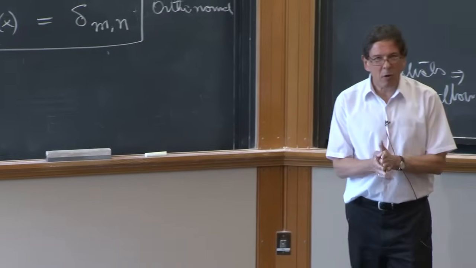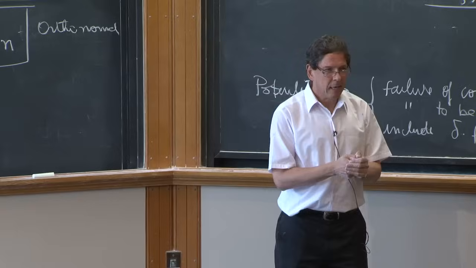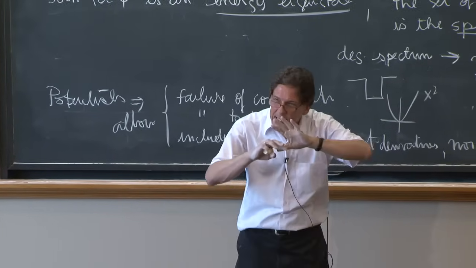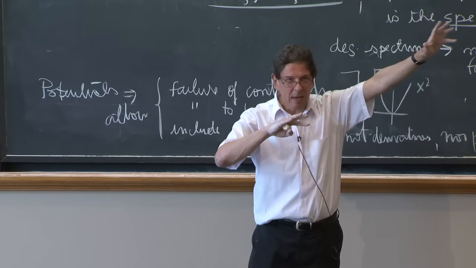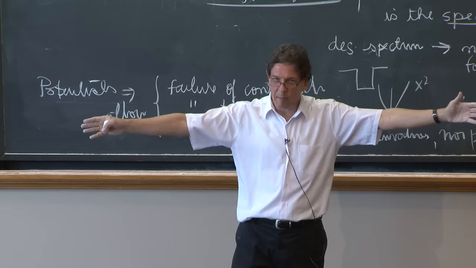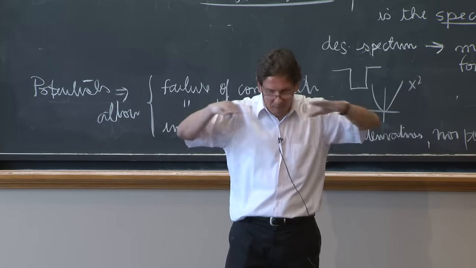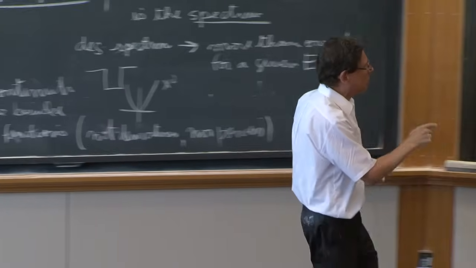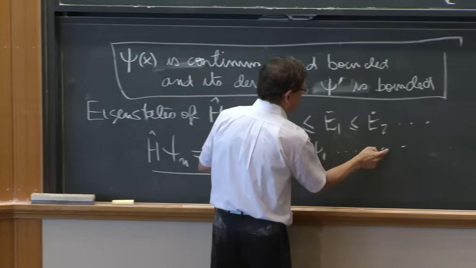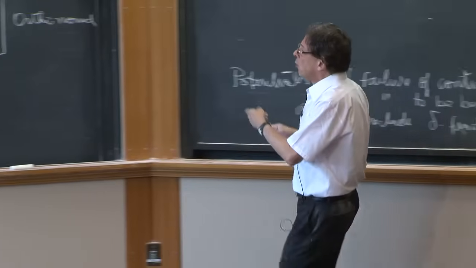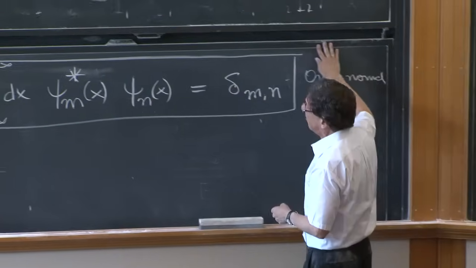But then there's a more subtle property, which is that this set of functions is enough to expand any function in this interval that you're doing your quantum mechanics. So if you have any reasonable function, it can be written as a superposition of these ones. So this differential equation furnishes for you a collection of functions that are very useful.